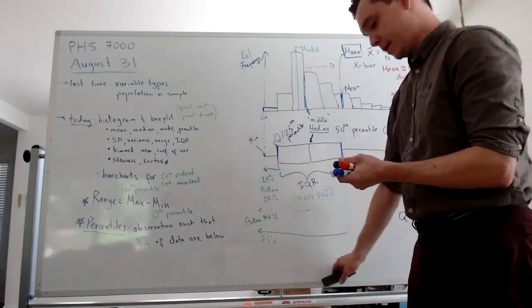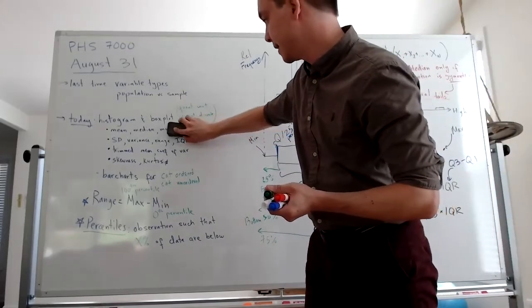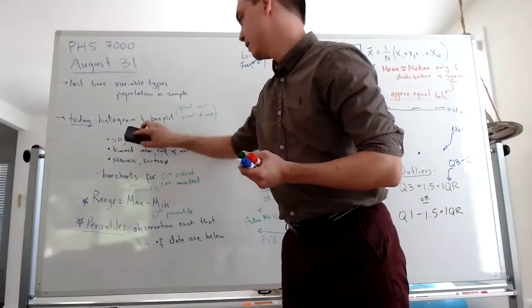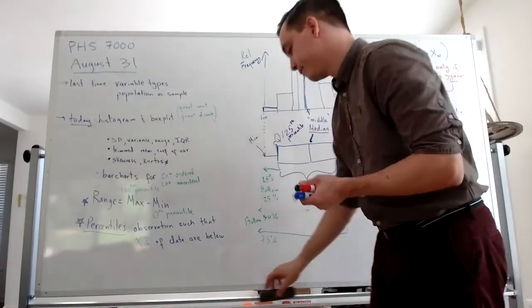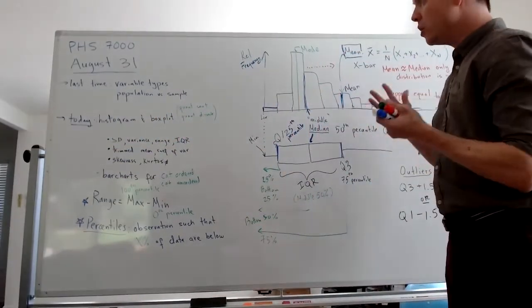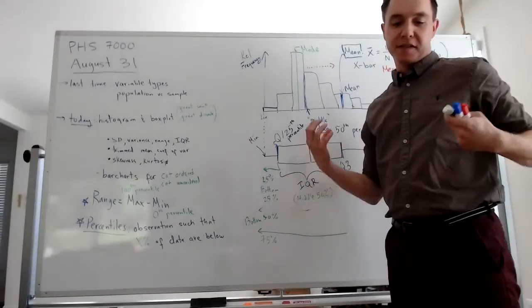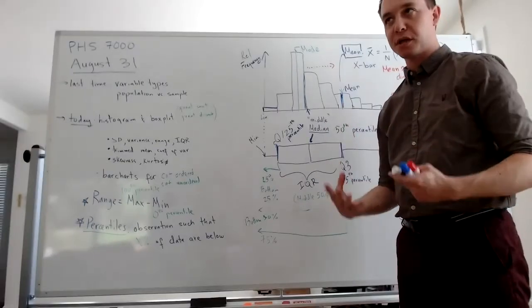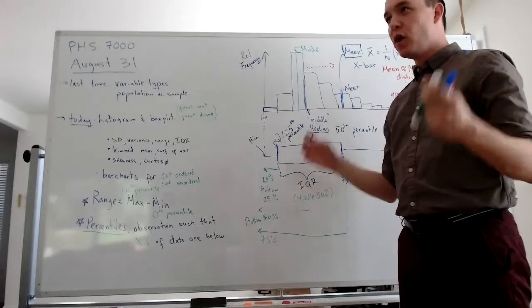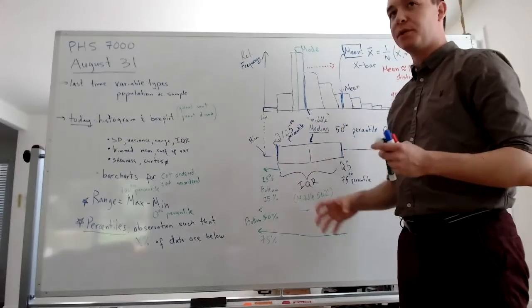Okay, let's move on. So we have now covered this line. All of these are measures of center or measures of central tendency. What is happening in the middle of the distribution?